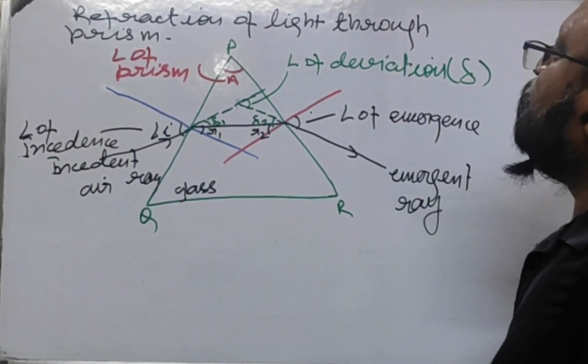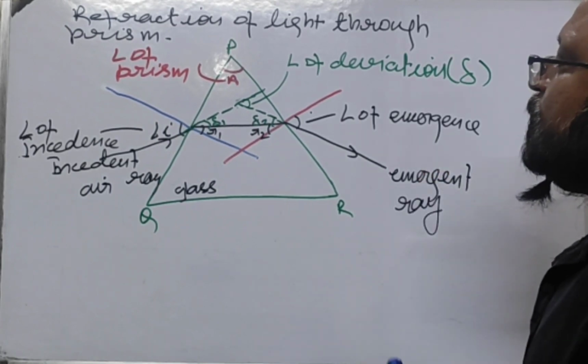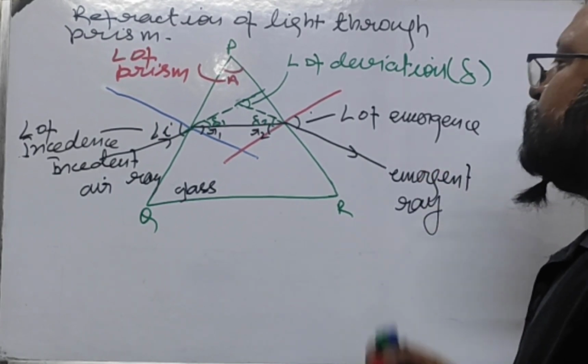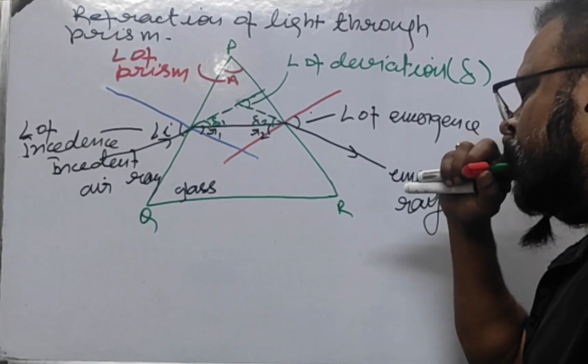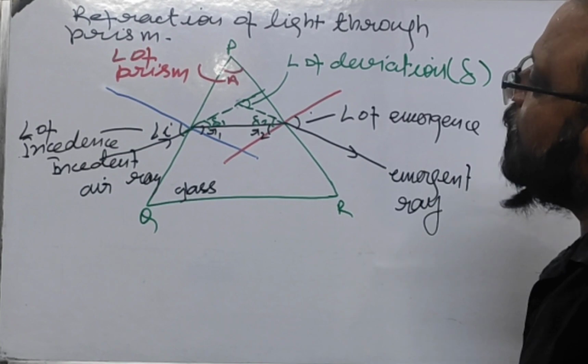So refraction of light through a prism depends upon the incident ray, angle of prism, material of the prism, and wavelength of the light.